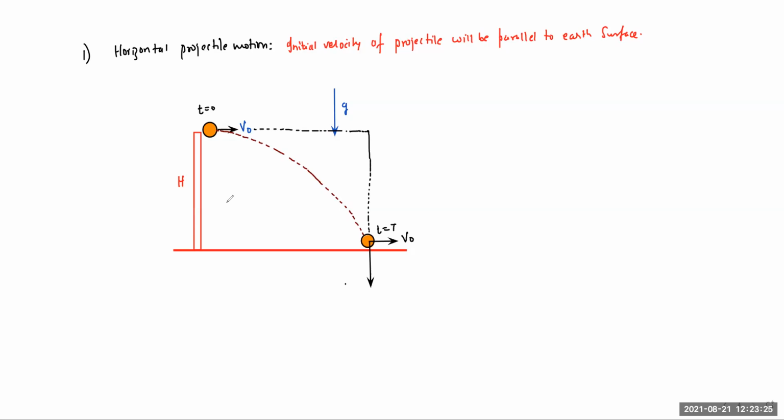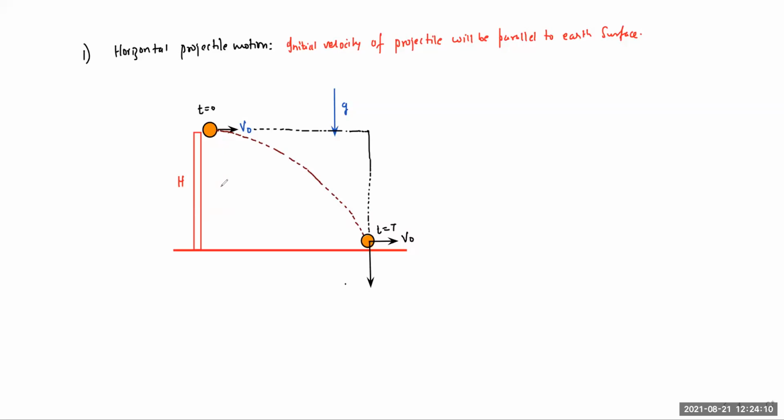In the previous case, when we were solving the motion under gravity, the V naught was also zero. When you release the ball, neither do you give an X component nor a Y component, right? And it goes down. Now, when you give V naught, it goes forward also, towards the right in this case. So by increasing V naught, we can attain greater horizontal displacement. The time taken by the projectile to reach the bottom has nothing to do with V naught.